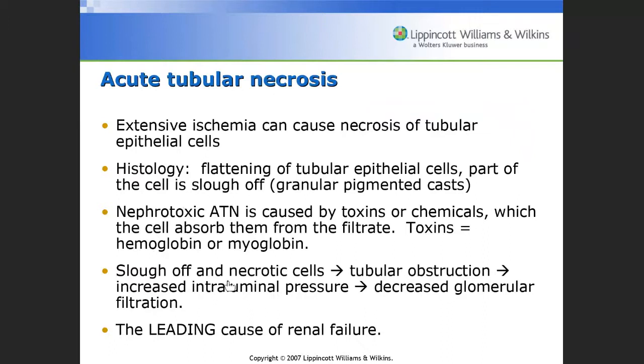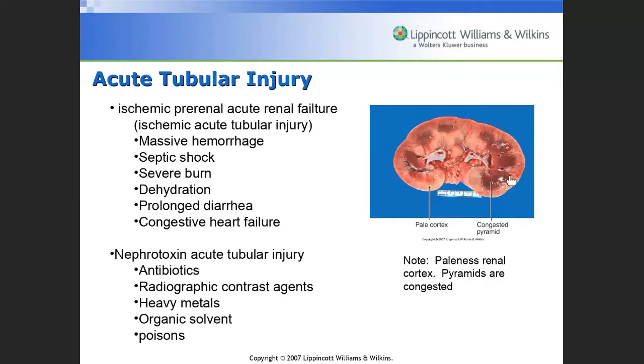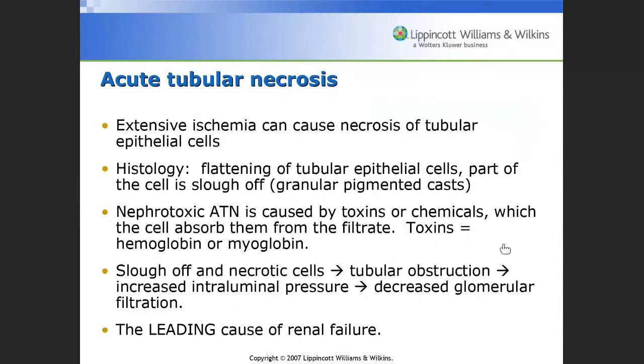So essentially toxin, sloughing off of necrotic cells, and tubular obstruction, that's the key. This is the pathophysiology of how nephrotoxin can lead to acute tubular necrosis and might lead to these enlarged, congested pyramids.